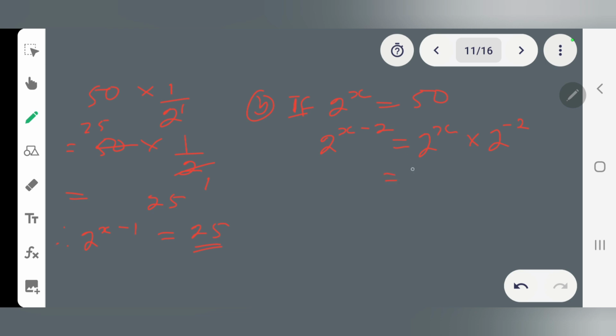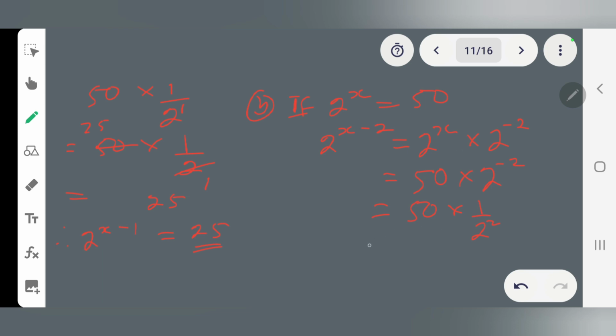So here, according to the question, wherever we see 2 raised to the power x, we should put 50. So we replace it with 50 multiplied by 2 raised to the power minus 2. This will then give us 50 multiplied by 1 over 2 raised to the power 2, according to the law of indices.